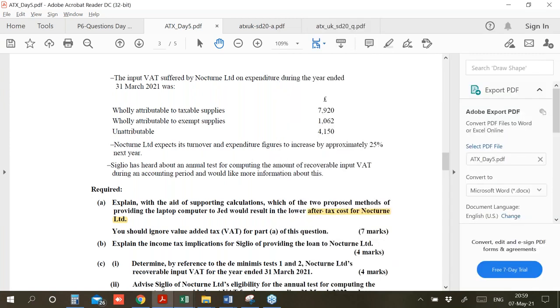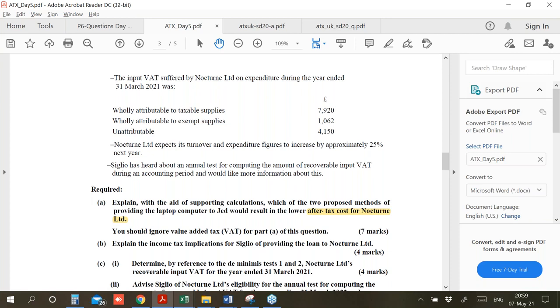Now, I'll tell you that this can be a base for you. It is very common in real life, as well as in your ATX exam, that clients come and they already have a few suggestions in their mind. They tell you their suggestions and ask you to compute in which option lower after tax cost or higher after tax proceeds will result.